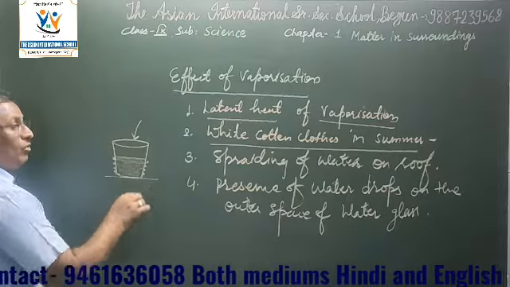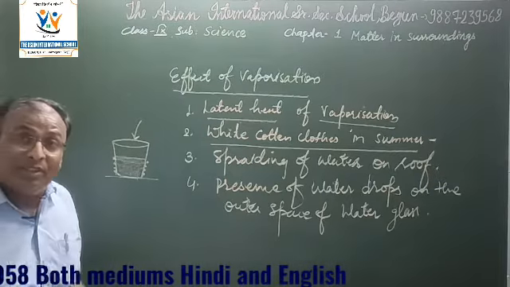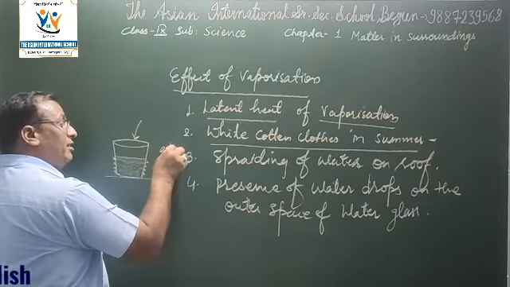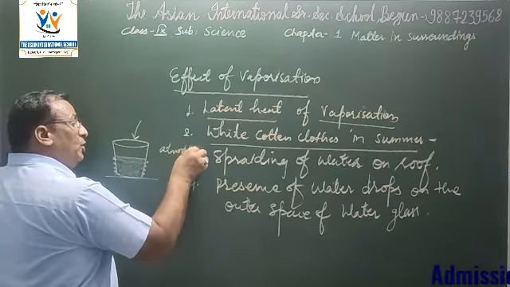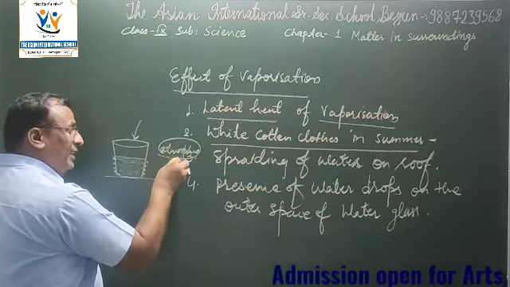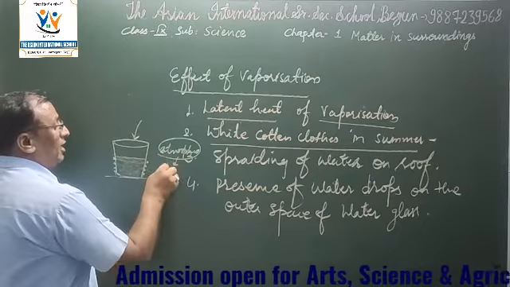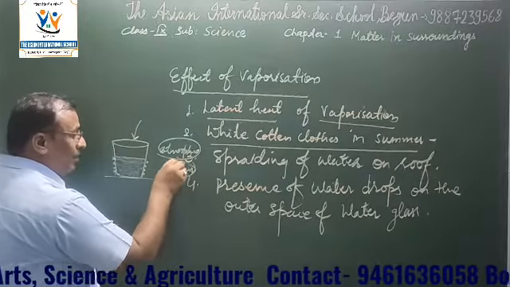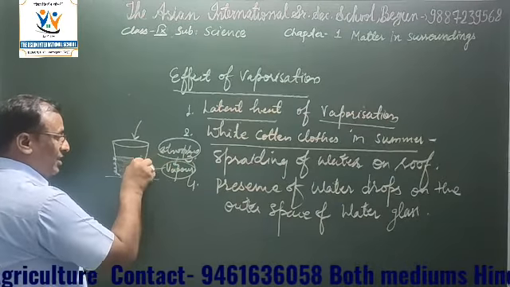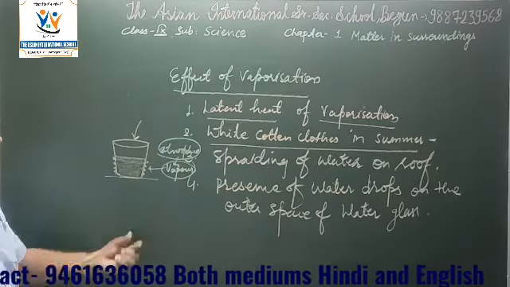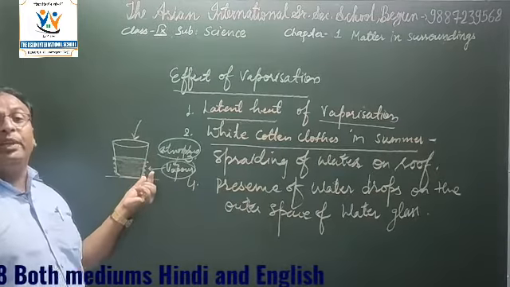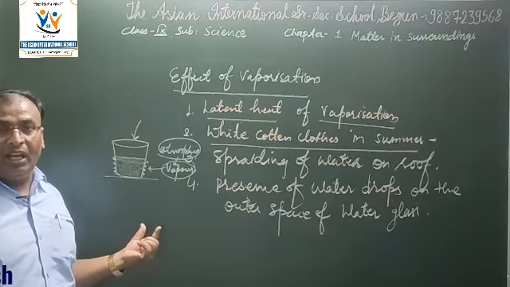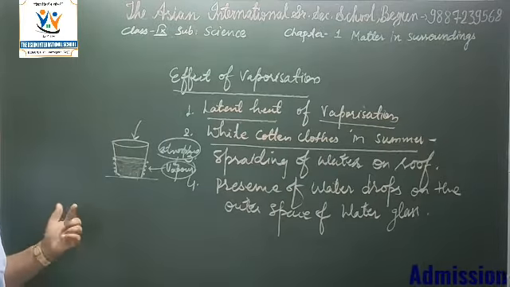Why is this water there and where did this water come from? This is the atmosphere, and the atmosphere holds vapor, and when this vapor contacts the surface of the chilled water, that vapor changes again into liquid state. So this is not vaporization.